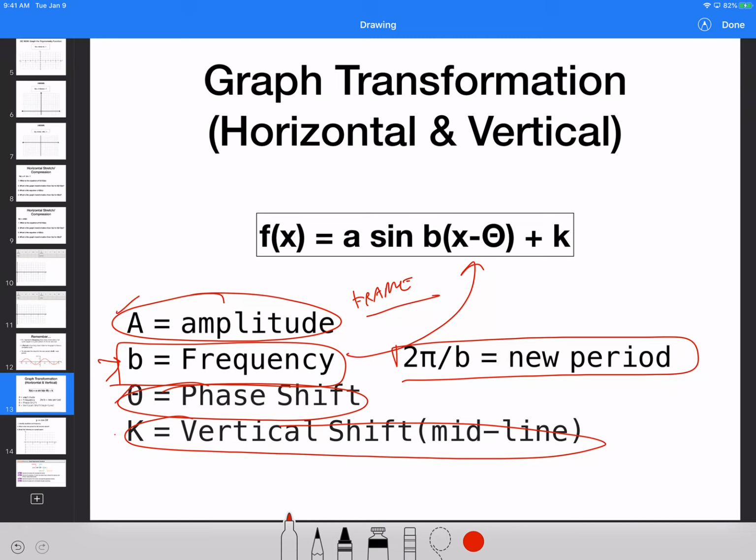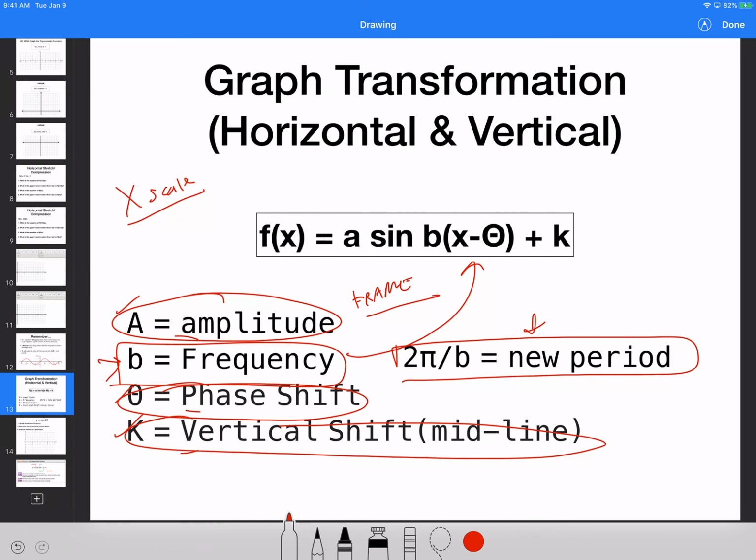All of these other things just come into the picture. For me personally, I find these to be the most challenging because the amplitude, phase shift, and vertical shift all go up and down, and your x scale has not changed at all. But now your x scale will change because of what we call a frequency value and a period value.